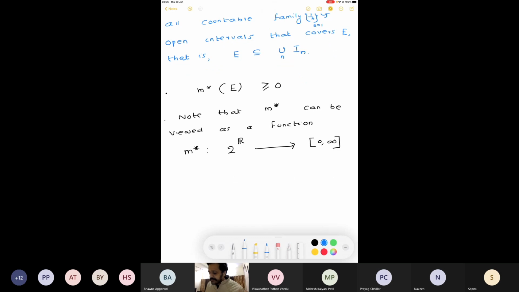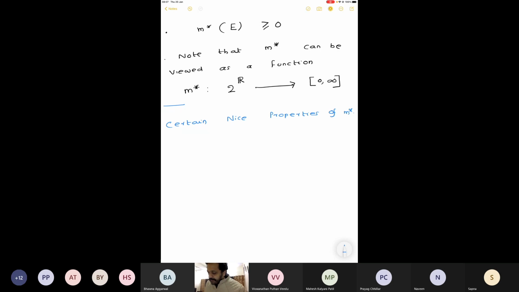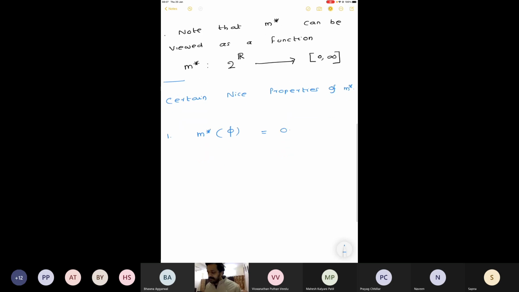Subsequently, we listed certain nice properties for M star. First one was that M star of empty set, as we expect, is 0. Outer measure of null set is 0. Then we have seen that, in fact, for any countable subset, M star is 0.